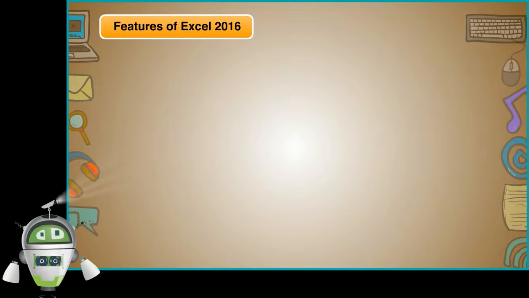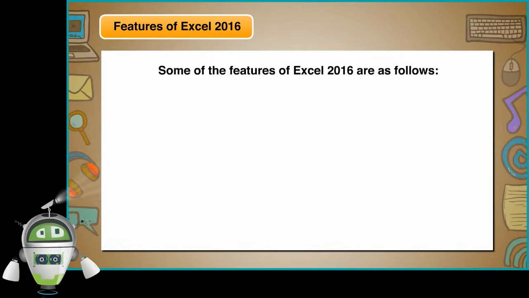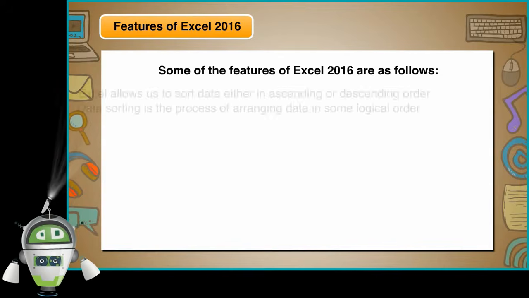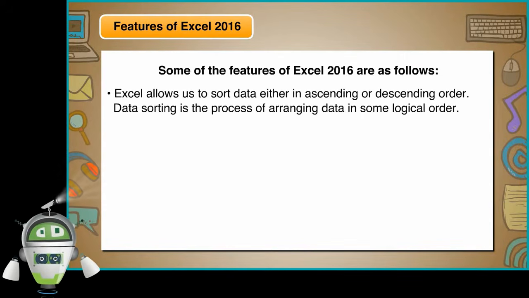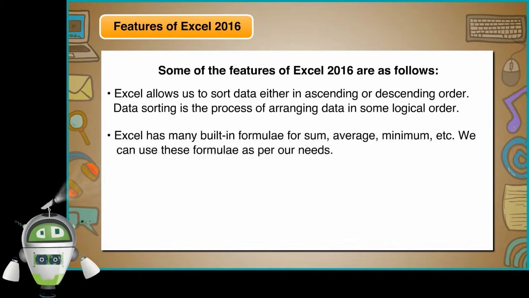Features of Excel 2016. Some of the features of Excel 2016 are as follows. Excel allows us to sort data either in ascending or descending order. Data sorting is the process of arranging data in some logical order. Excel has many built-in formulae for sum, average, minimum, etc. We can use these formulae as per our needs.